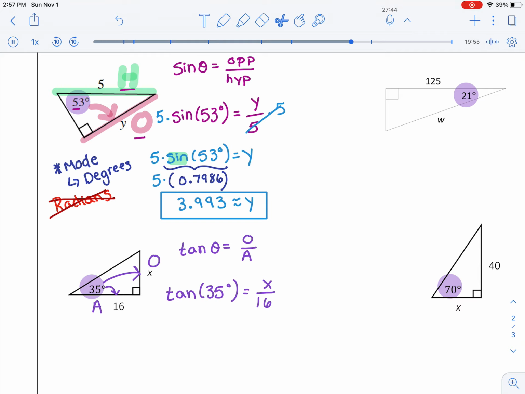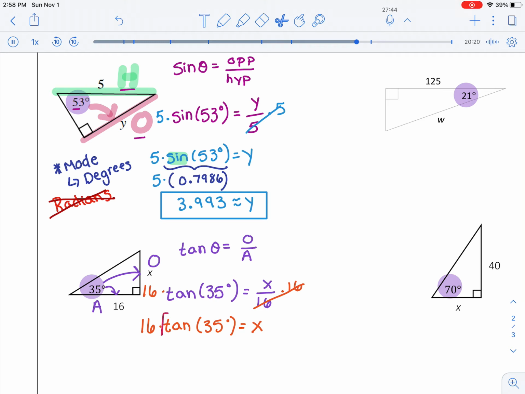To solve for x, I'm going to multiply both the left and the right by 16. So we get that. So 16 times the tangent of 35 degrees equals x.